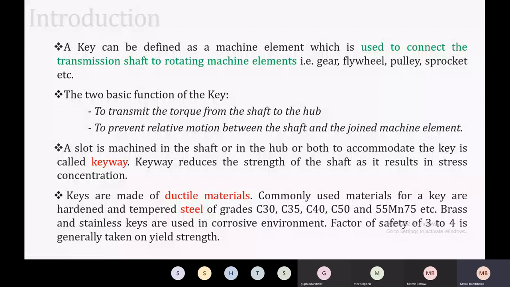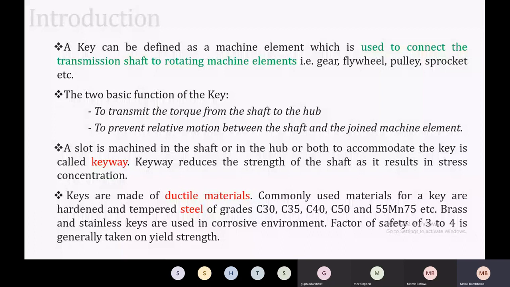And sometimes the key is also made by means of composite materials or certain alloys. If it is a corrosive application, then a brass based stainless steel key with the brass composition is used in the corrosive environment, right? So this is the basic idea about key.